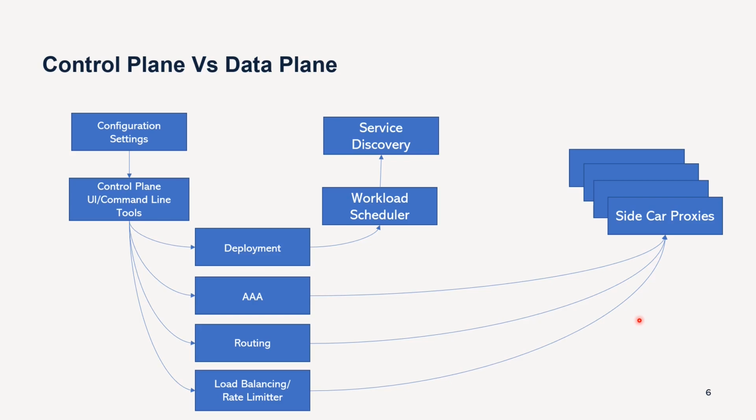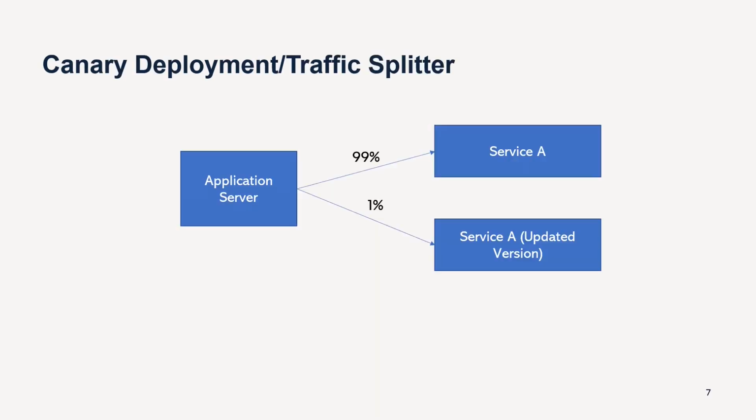So control plane and data plane, how they work together, right? Also we have the workload scheduler and service discovery. These are also aspects of how you can schedule your workload, like suppose you have a VM environment or Docker Kubernetes. In that environment, you can schedule these things as well. So this is how you can understand these two components of the service mesh.